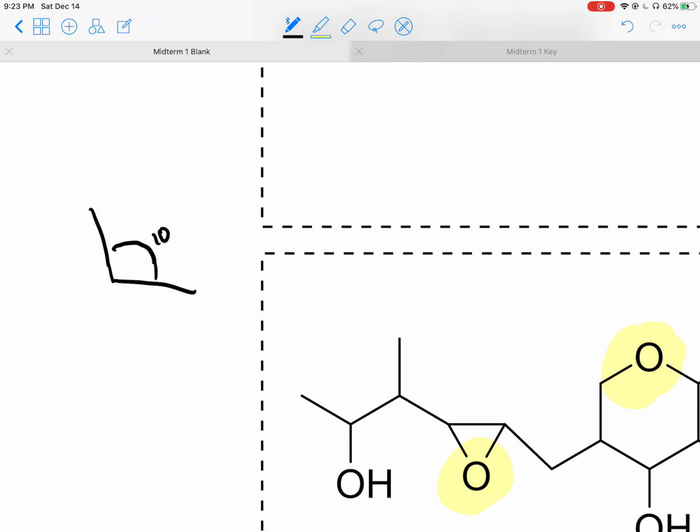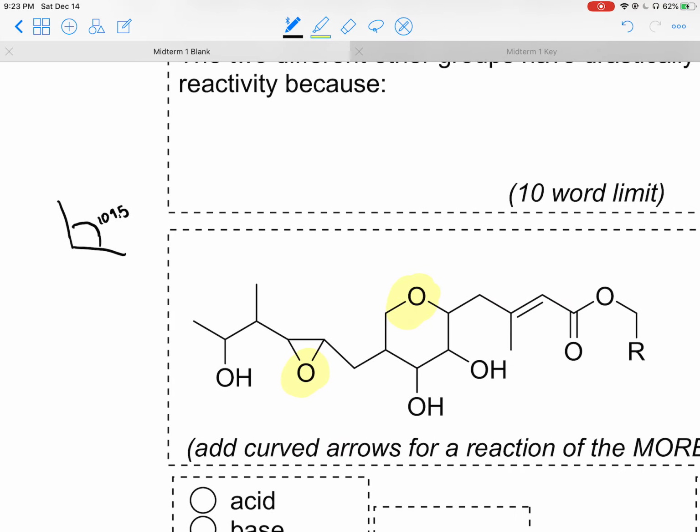I think that's how much it is, hopefully I'm not wrong about that, but it's something along those lines. That's why it's called a tetrahedral shape. It makes 109.5 degrees between each of the bonds, or 110 or something else.